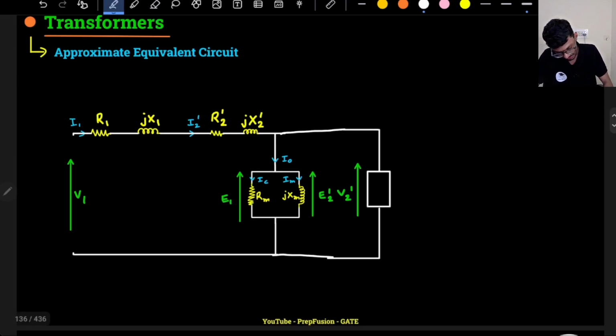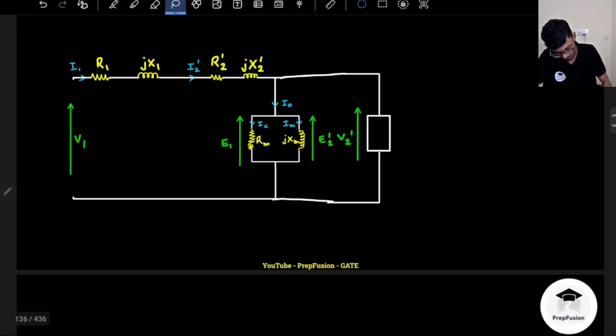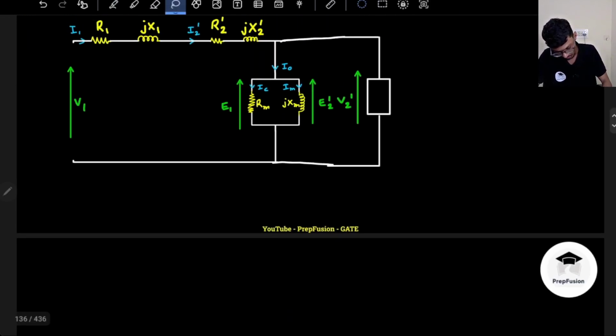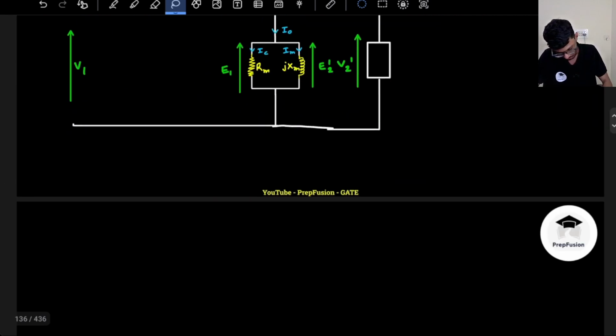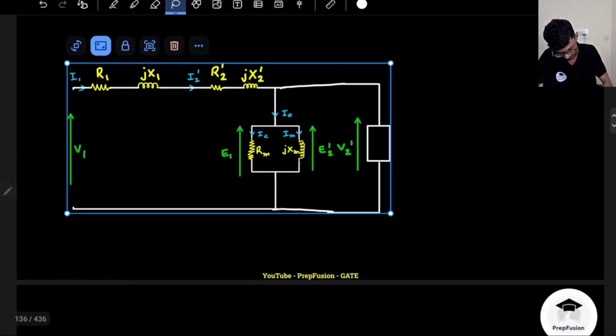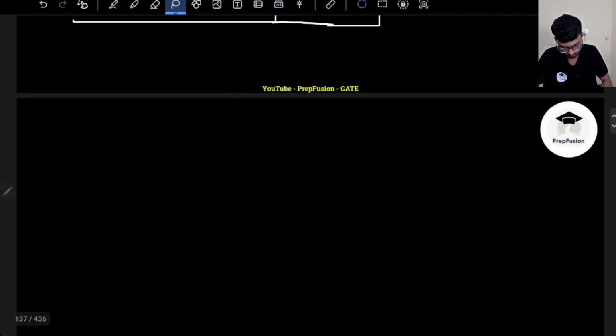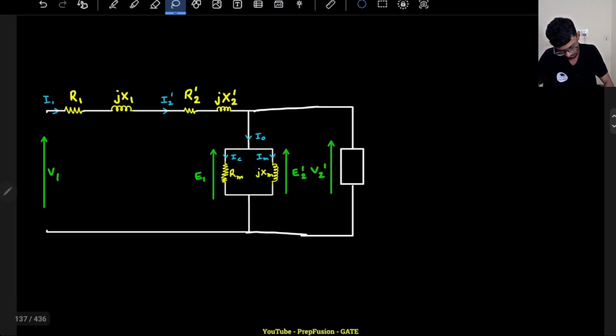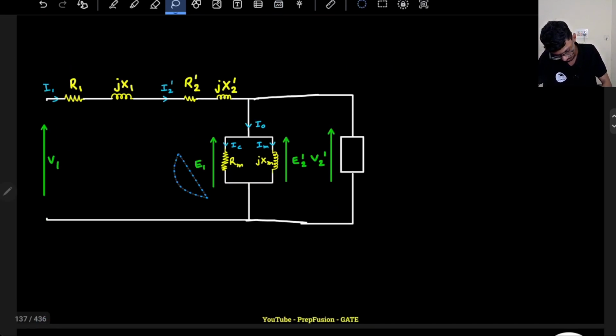Okay, same thing I can do if I want to move everything to the left-hand side. Let me copy this. So this whole thing can go on the left-hand side actually.